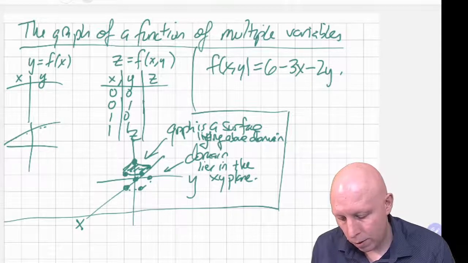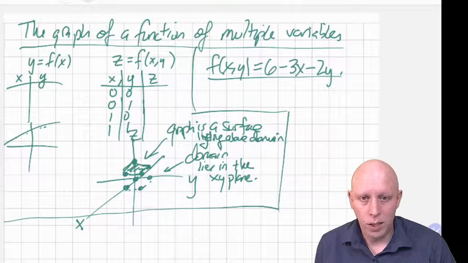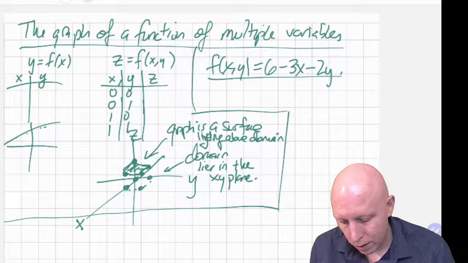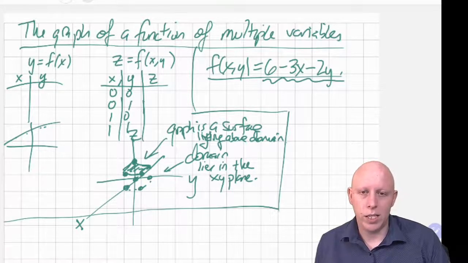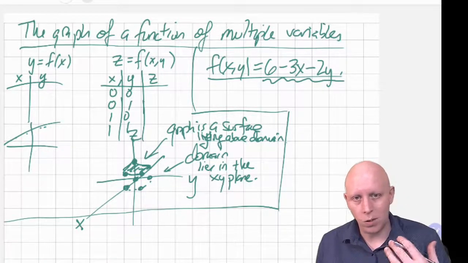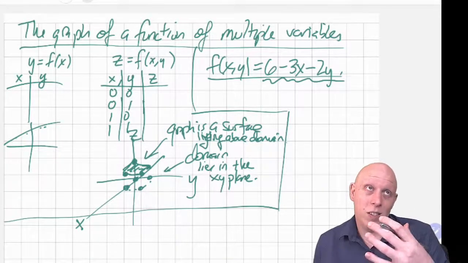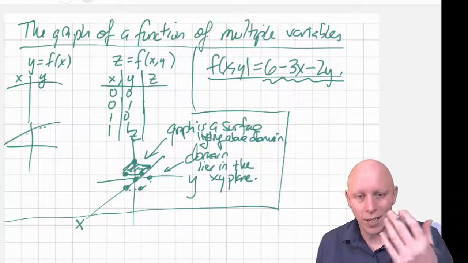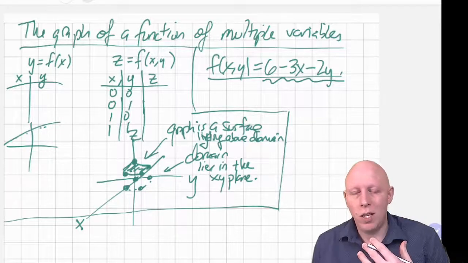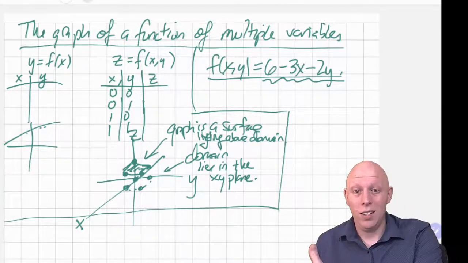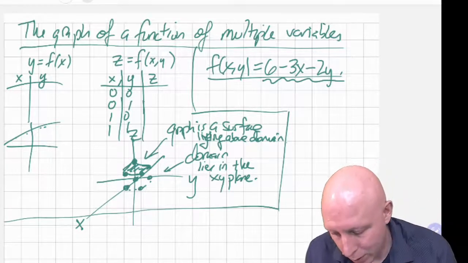Well, if we want to draw the graph of this function, one thing we might notice is that this looks like a very simple formula because it's only involving multiples of x and multiples of y added together. And so this should feel like the answer is going to be something simple, just like a line in 2 dimensions. Well, this is going to be a plane in 3 dimensions.